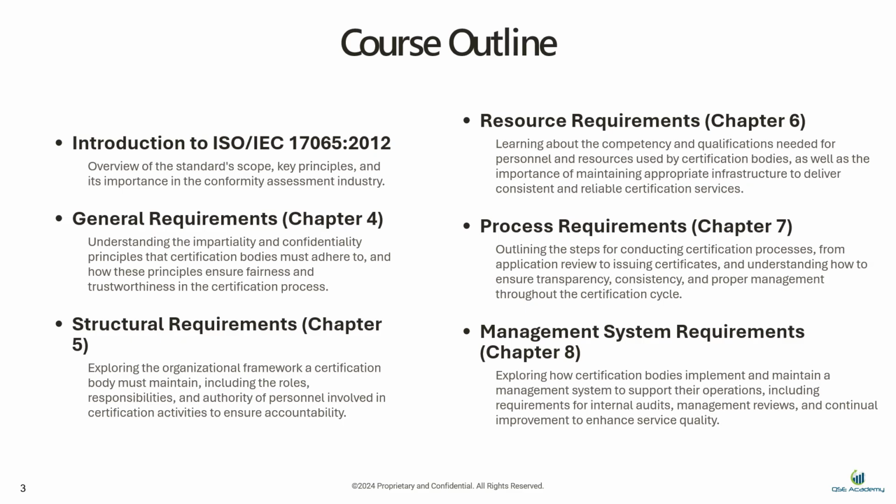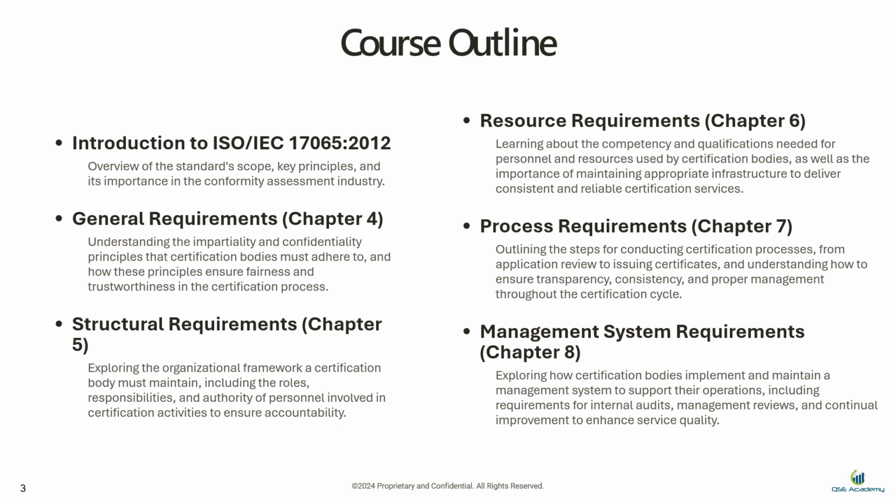The structural requirements section focuses on building an effective organizational framework, detailing the roles, responsibilities, and authority necessary for certification bodies. In the resource requirements module, we'll discuss the qualifications and resources needed to deliver consistent and reliable certification services.